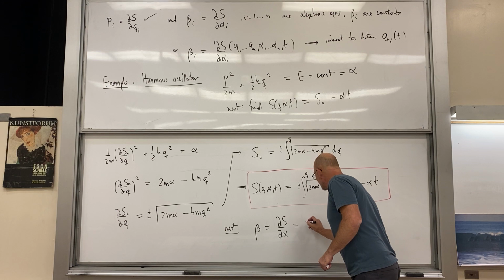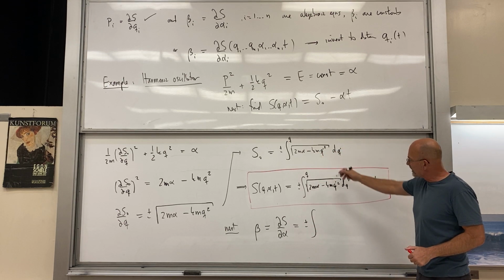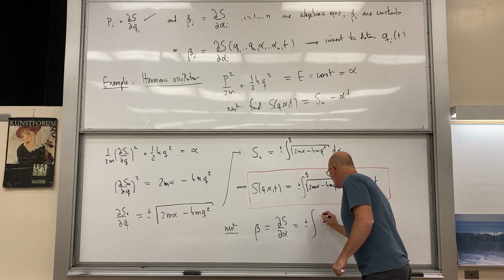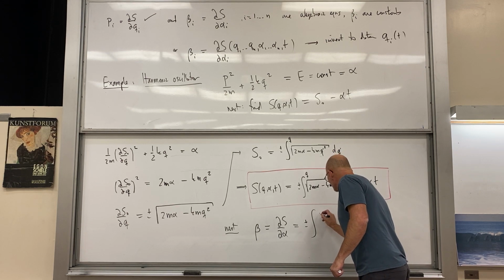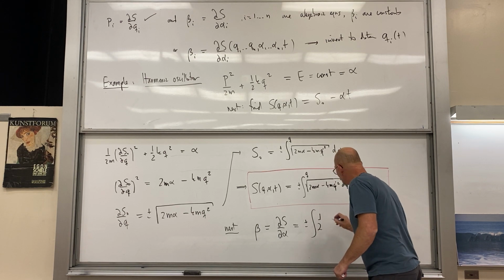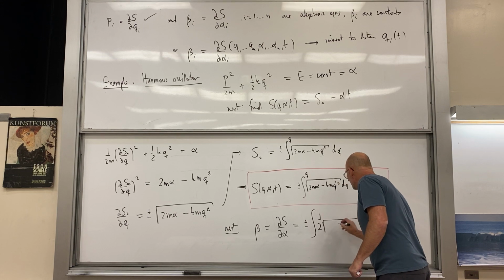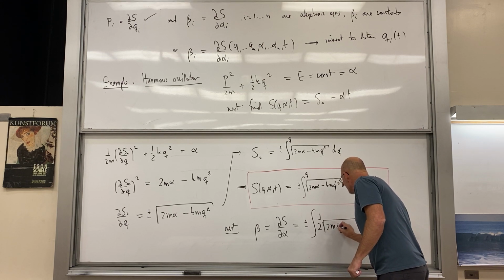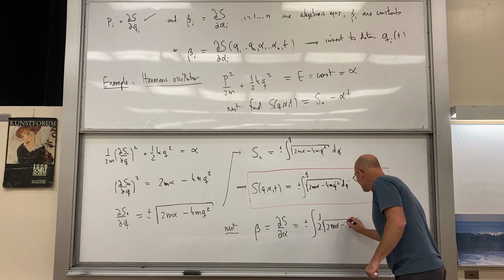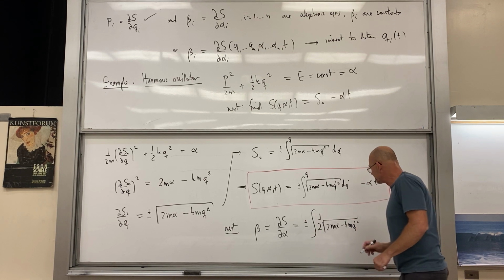So this is actually kind of fun. So we have plus minus integral. We're going to differentiate right under the integral sign. That's something to the 1/2 power. So we have 1/2 root 2m alpha minus km q prime squared.